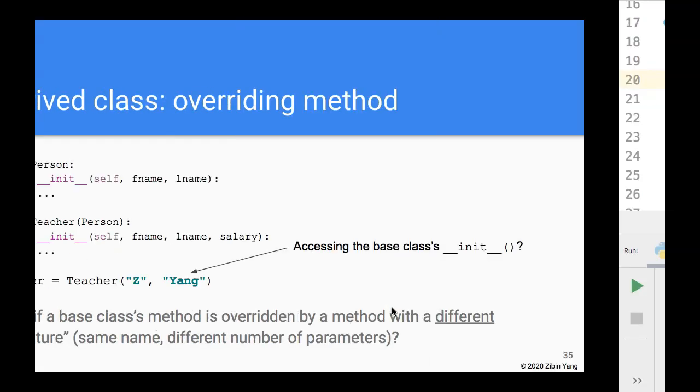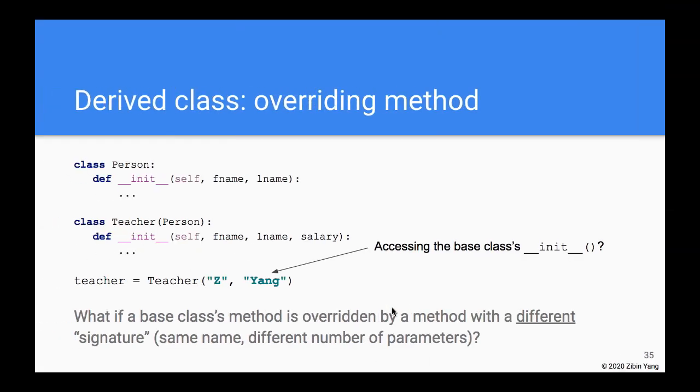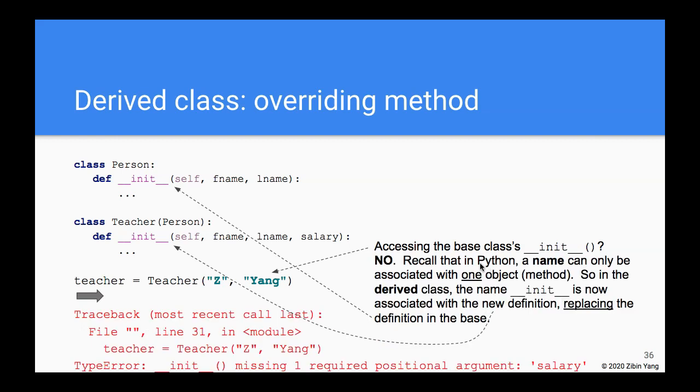And the reason, as we've talked about before, is unique to Python, which is different from C++ or Java: a name can only be associated with one object. In this case, the object is the method. So the name Dunder Init for the teacher class can only be associated with one method, the latest definition for Dunder Init, which requires a salary parameter.